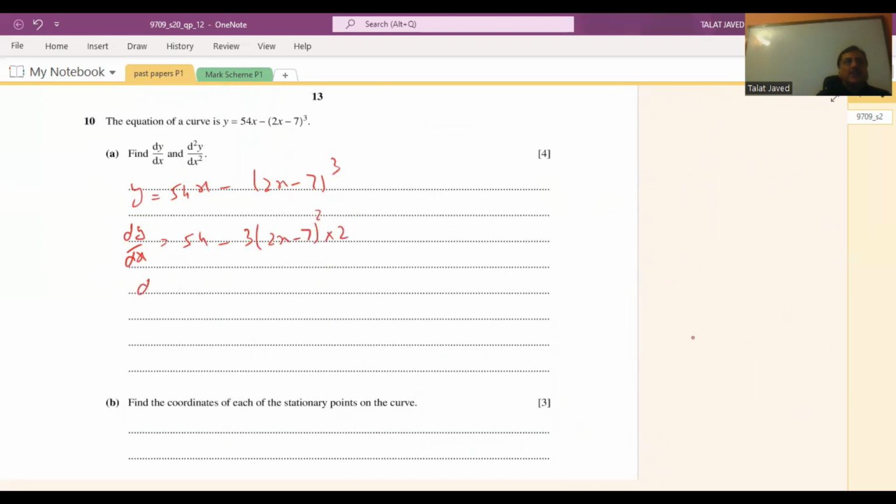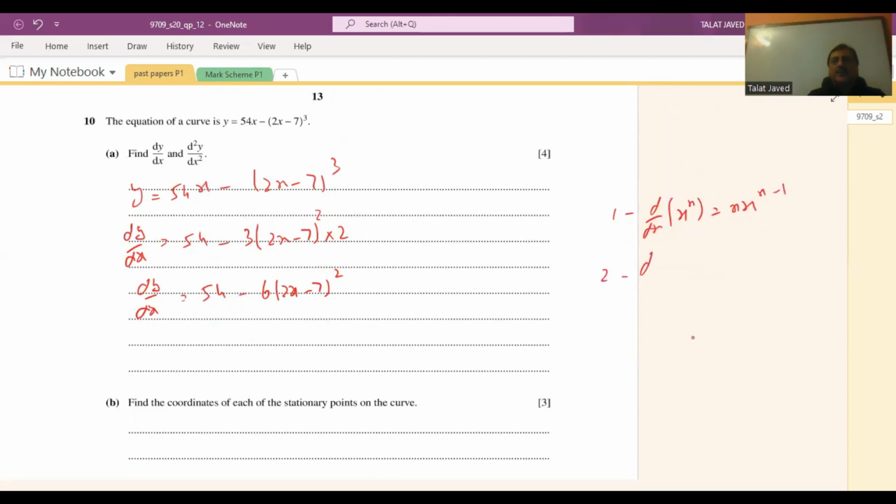So dy by dx is equal to 54 minus 6 into 2x minus 7 squared. The two formulas: number 1, dy by dx of x raised to power n: bring this power down and subtract 1 from its power.